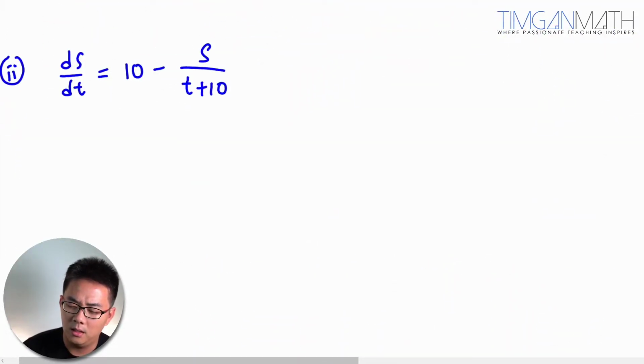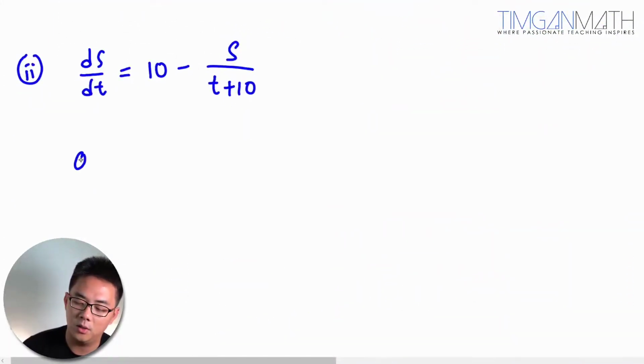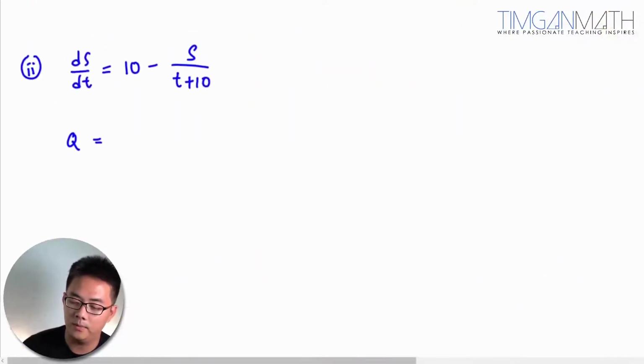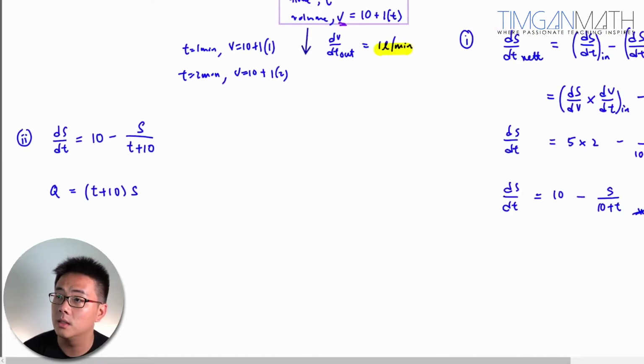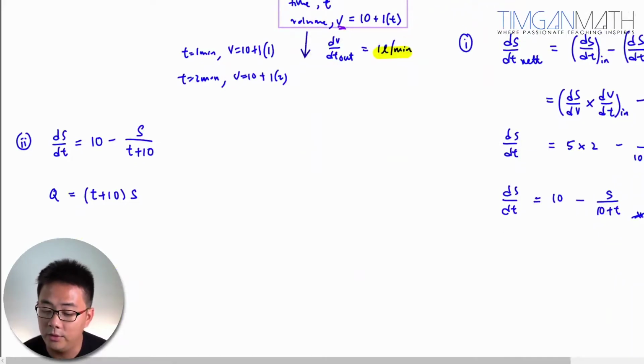Then you have got another one, which is q: by means of substitution, q equals (10 t plus 10) times s. So I think this substitution is okay, it's not very tricky.